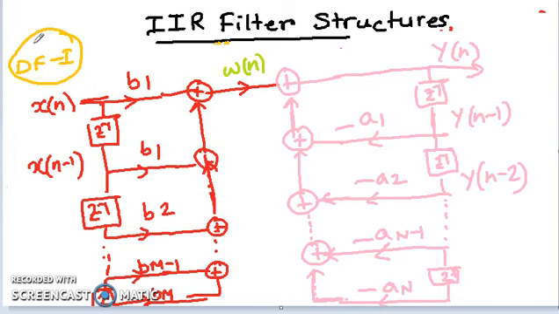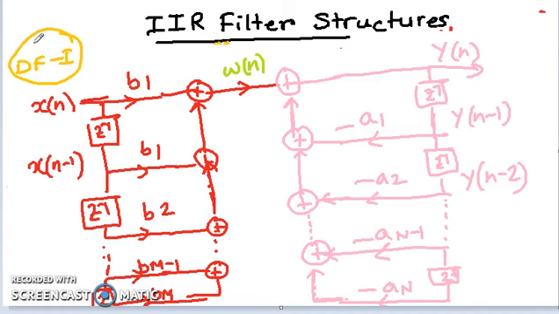And direct form 2 is simple. It is always a similar thing. Only here in direct form 1 we initially take the all zero system and then the all pole system. But in direct form 2, we are doing the same thing with a different order: first we take the all pole system and get W(z), and from the intermediate value we get Y(z), and we take the structure.